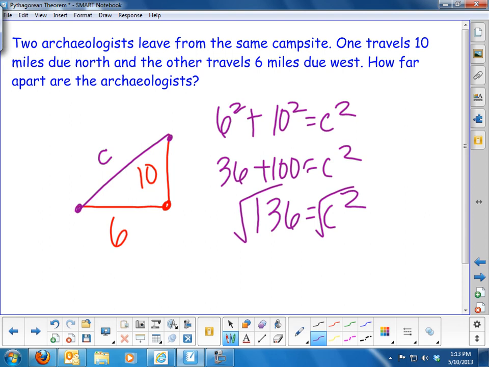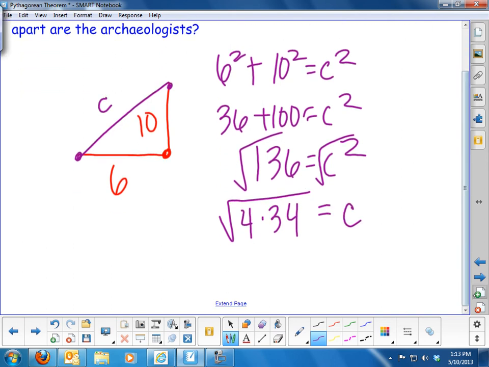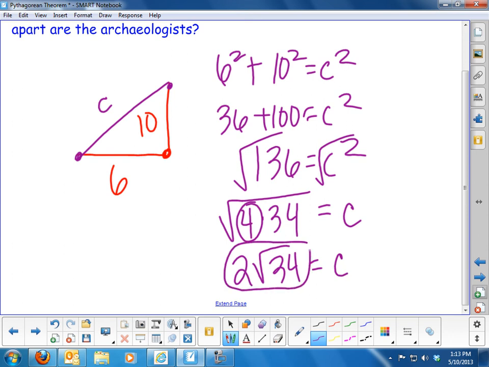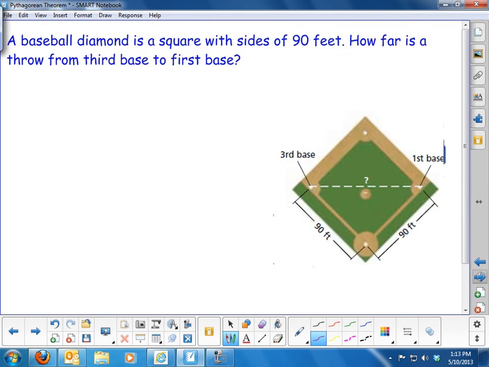When I'm thinking of what multiplies to give me 136, I can find that 4 times 34 is 136. Okay, so that's what c is going to be. So now I take the square root of 4. I get 2 square roots of 34 is my distance. Now again, you could get a decimal, but that's not the point of this. We don't want decimals. We want to leave our answer in radical form.